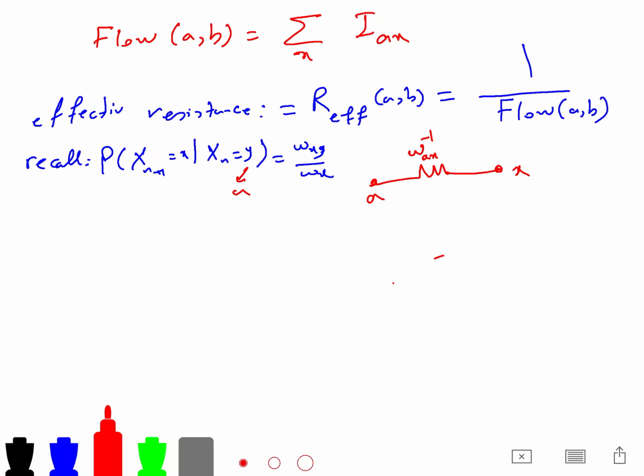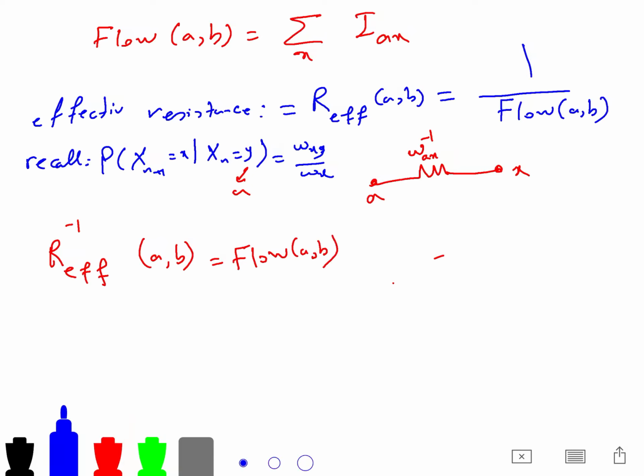So y is just A, so the inverse of the effective resistance R is equal to the flow of A and B. This is really important, so pay attention: this is just the definition of the flow of A and B.